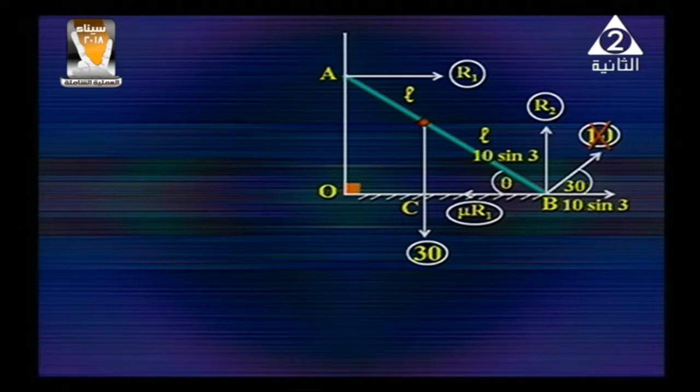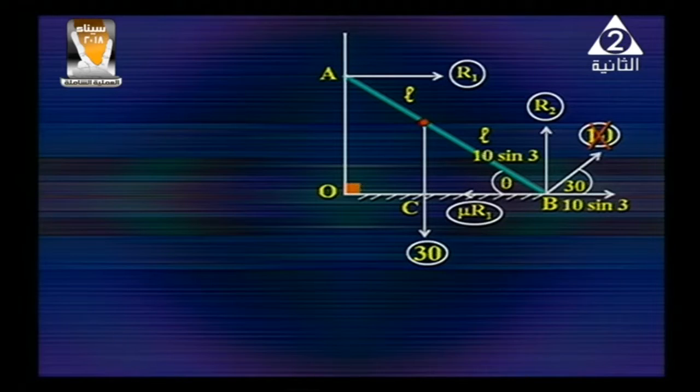We take the length of the ladder as 2L, then R1 is the reaction at point A, R2 the reaction at point B. Look at the force of 10 making an angle of 30 with the horizontal. We resolve the 10 along the horizontal axis and the vertical axis: 10 cosine 30 and 10 sine 30.